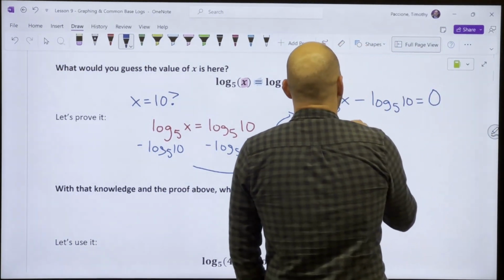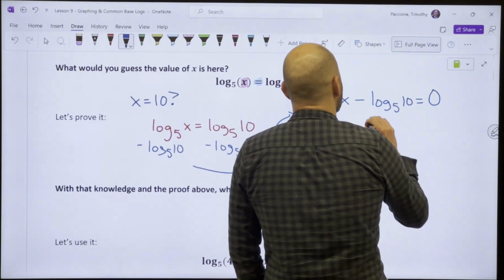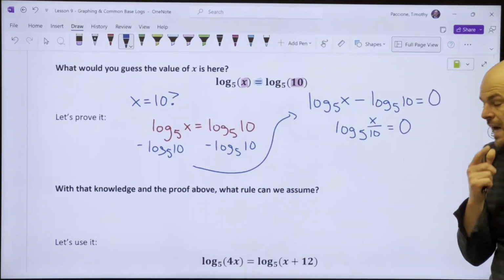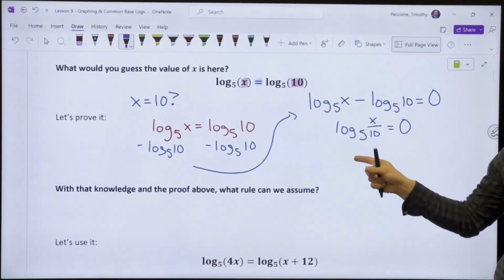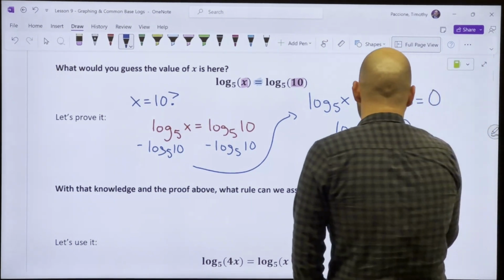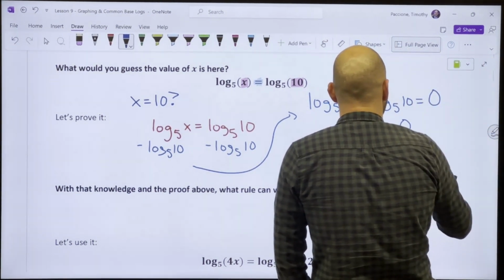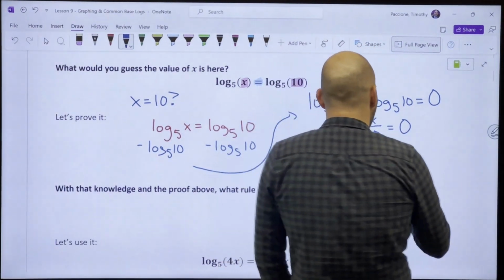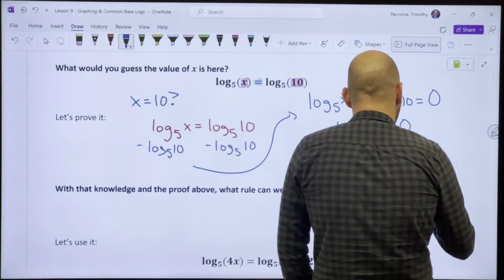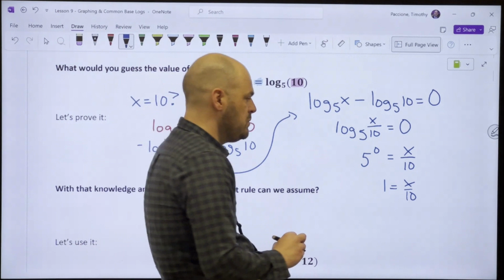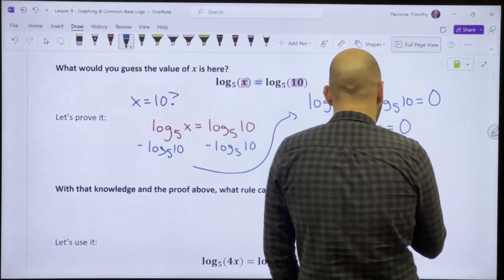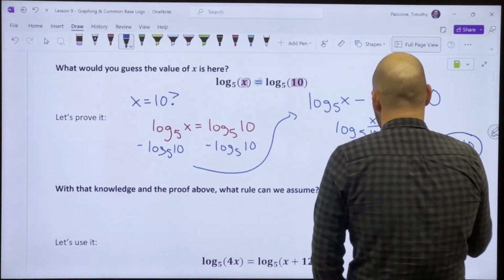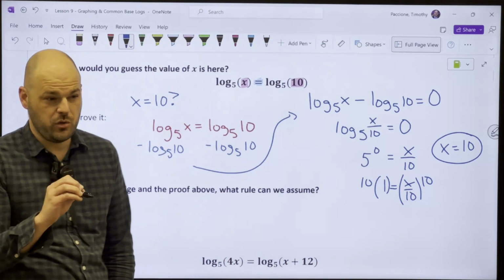So this becomes log base 5 of x divided by 10 equals 0. I have a base, I have an exponent, I have an answer. So I would just rewrite this. 5 to the 0 equals x divided by 10. What is 5 to the 0? 1. 1 equals x divided by 10. How do I get x by itself? Multiply both sides by 10, and I get x equals 10. Okay, proven, right? Proven to be true.